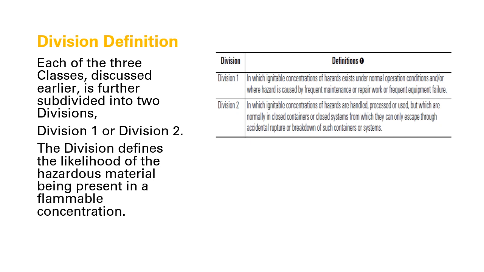So for the case of Division 1, ignitable concentration of hazards normally exists in normal condition. Normal condition means there is no failure of the equipment, no rupture of any particular disk or anything, but in normal operation it can be due to multiple reasons, maybe due to frequent maintenance work, repair work or frequent breakdown failure.